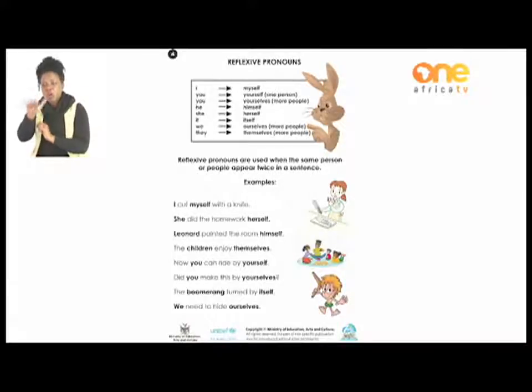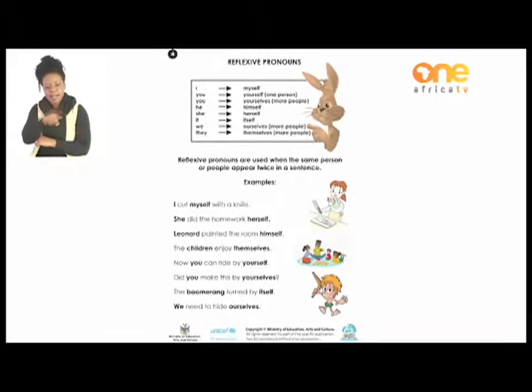If it's more than one person, it becomes yourselves. He. When we are referring he to a reflexive pronoun, it becomes himself. She. When we have to refer it to a reflexive pronoun, it becomes herself. It. When we have to refer it to a reflexive pronoun, it becomes itself.